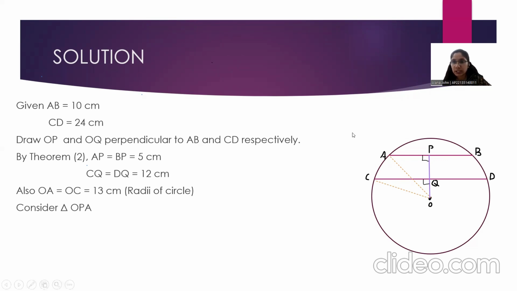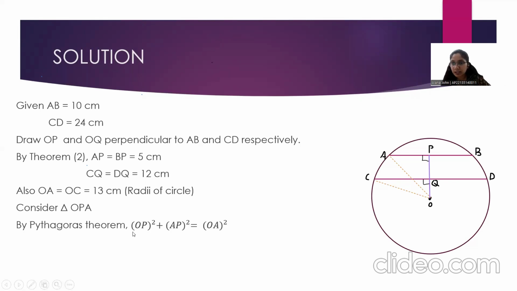In this triangle, what all things do we know? We know AP is given to be 5 centimeters, and OA is 13 centimeters, right? This much information is given. And this is a right angled triangle, so simply we can use the Pythagoras theorem.